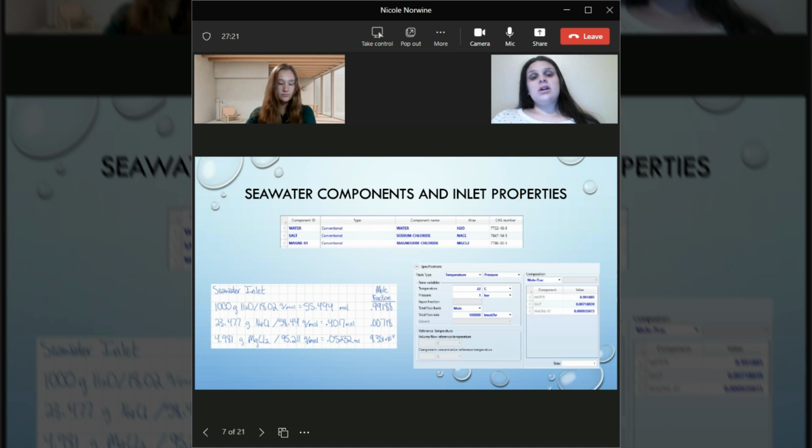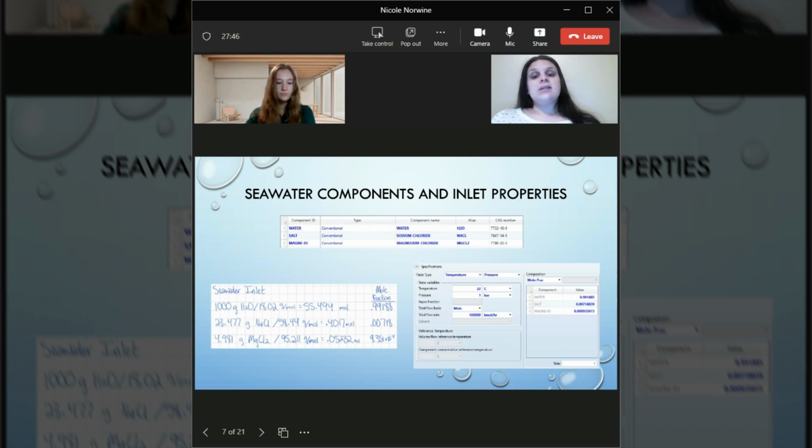First, we started by figuring out what components we needed in the salt water, which is obviously water and salt. And then we included the next most common component, which is actually magnesium chloride, present in ocean water. We needed to figure out the mole fractions for how much of each component is actually in the salt water.